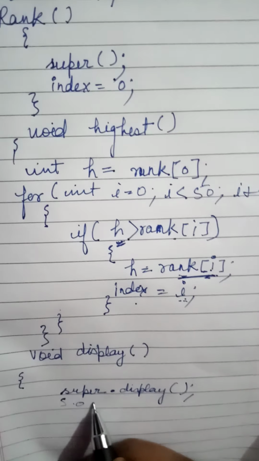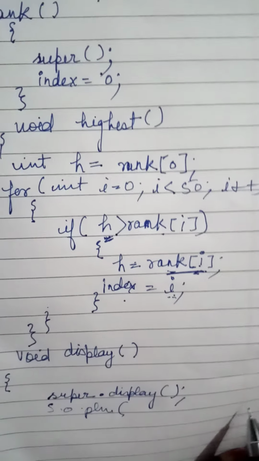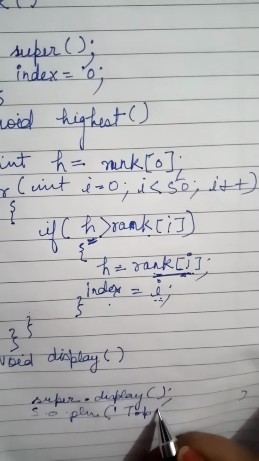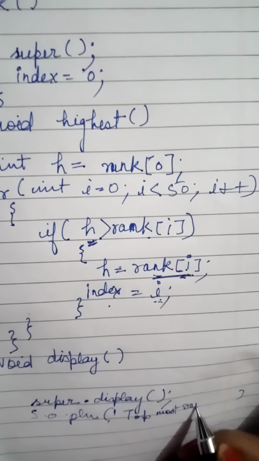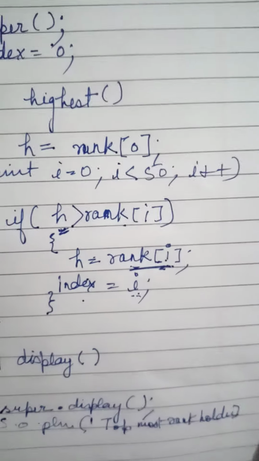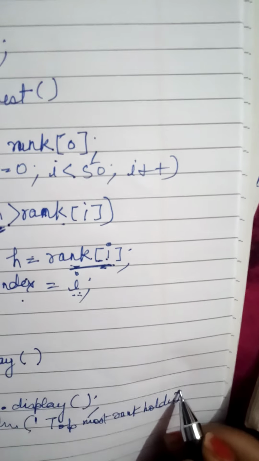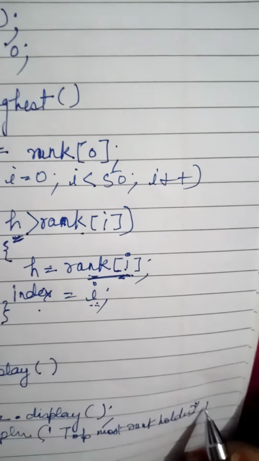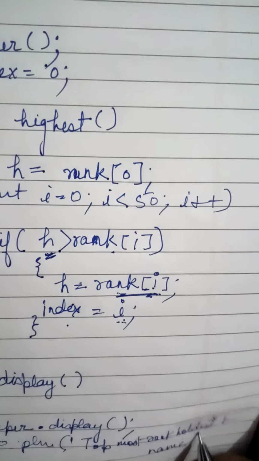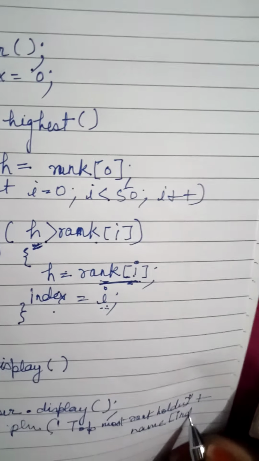Okay, then we need to print the topmost rank along with the name. So "Topmost rank holder" plus name, and in which we have the index.